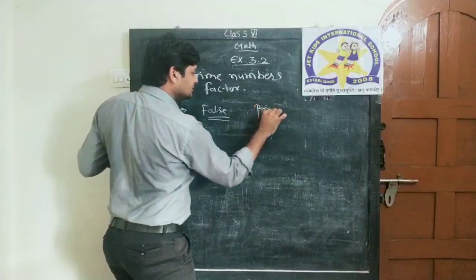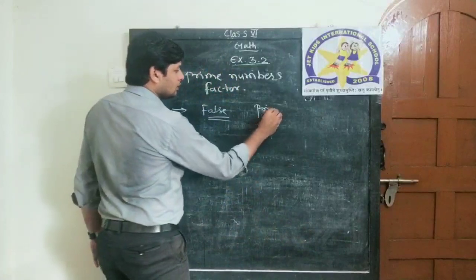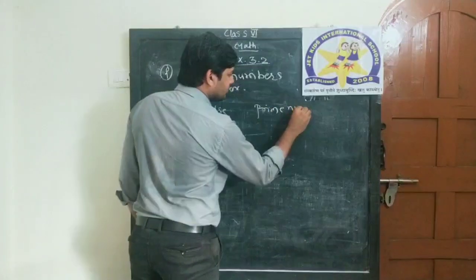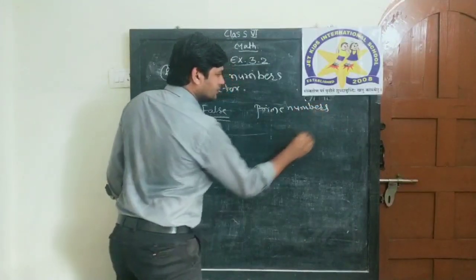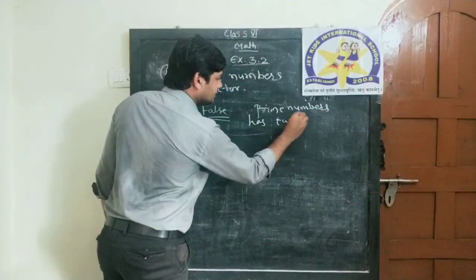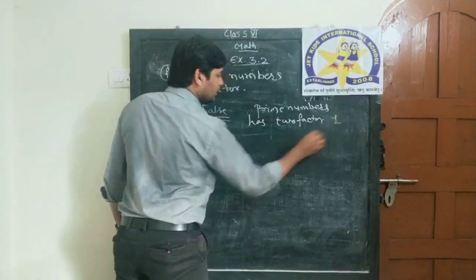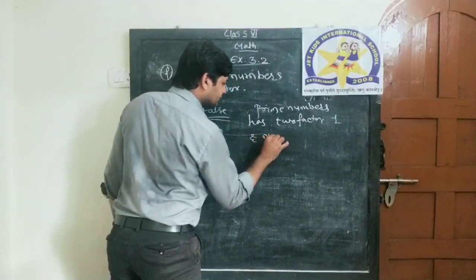A prime number has two factors, 1 and the number itself.